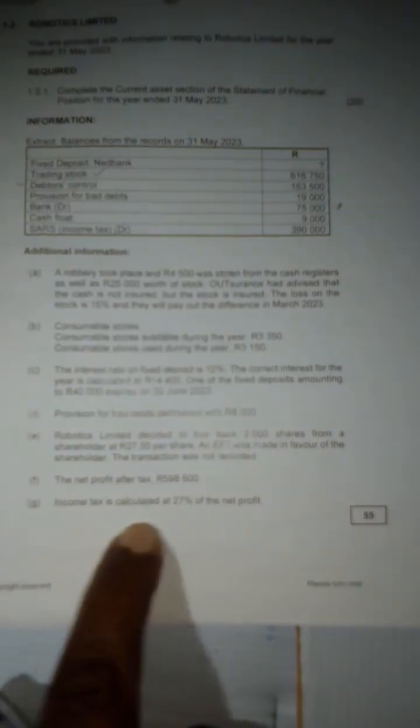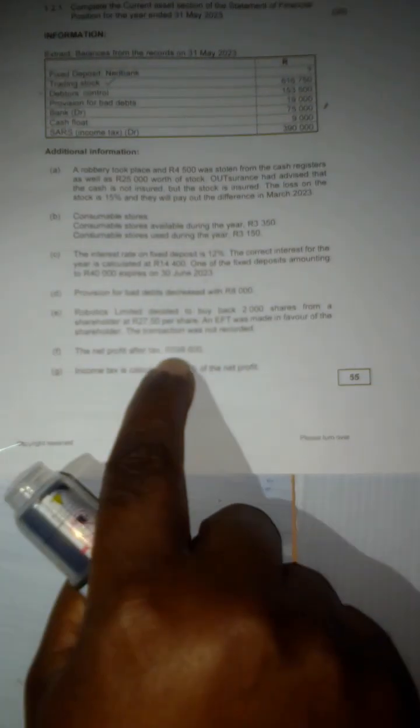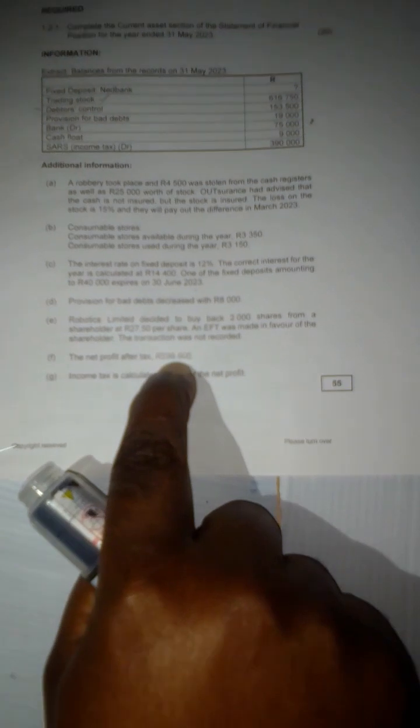The income tax at the end of the year is 27%, but we do not know how much that is, while the net profit after tax is already given. So this amount shows money where 27% has already been subtracted. It is no longer 100%, but the difference between 100% and 27%, which is 73%.